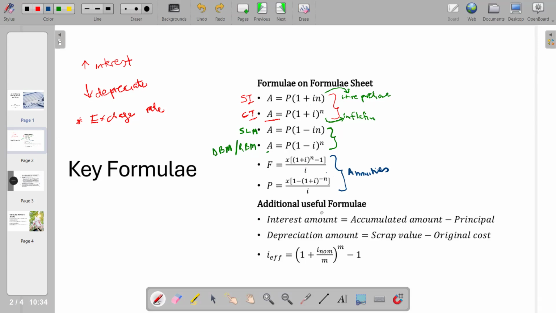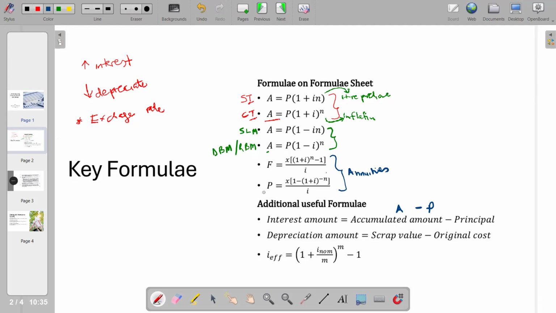To calculate the interest amount, it's the accumulated amount minus the principal. So the interest amount is A minus P, where A and P are taken from the formula for interest.